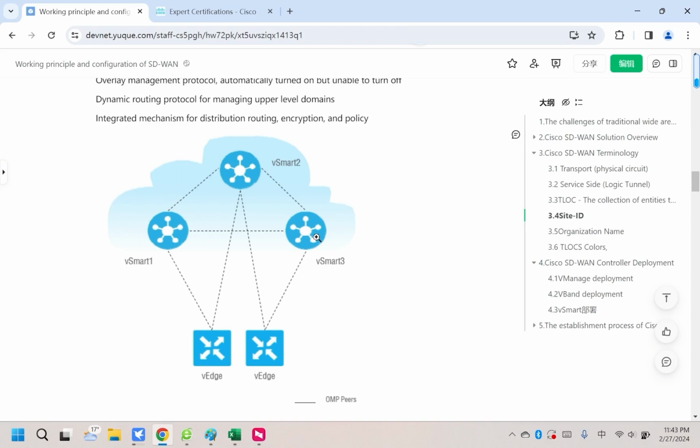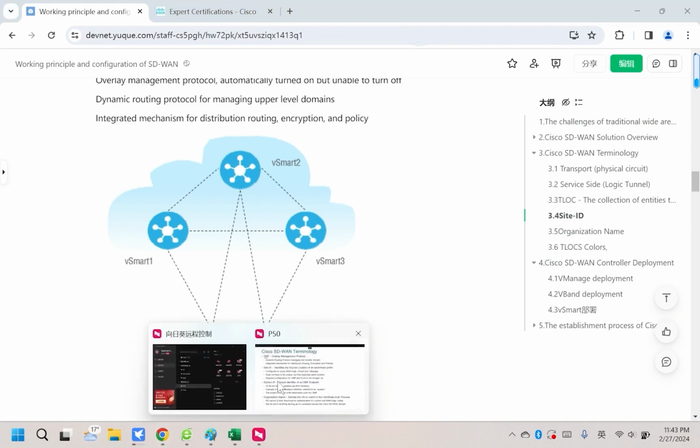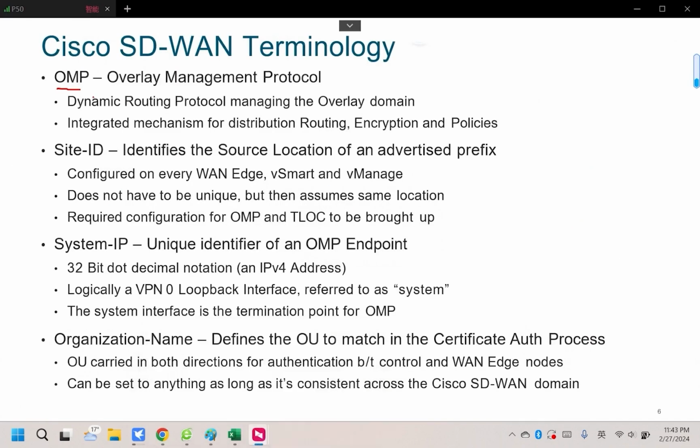So, what routing information does it collect? It collects information from the edges and passes it between edges. Please pay attention: do these two edges have any connection? Edges do not have direct sessions between them. It is reflected through the role of vsmart. Okay, back to our PPT, we have a simple general understanding of the OMP protocol.